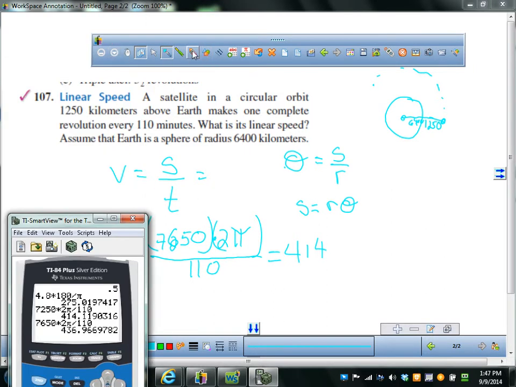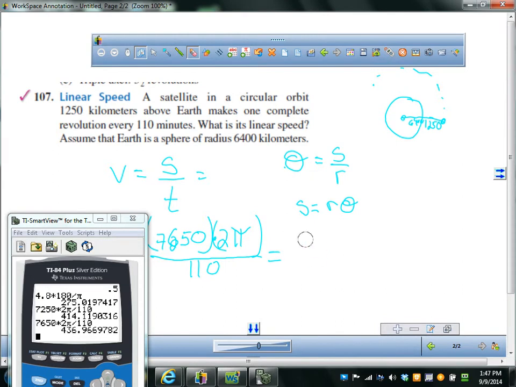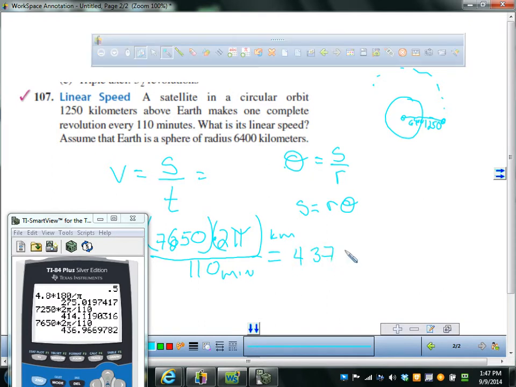And they didn't specifically ask you for units, and since these down here are in minutes and this is in kilometers, radians, you don't really have to put any units, so that would be about 437 kilometers per minute.